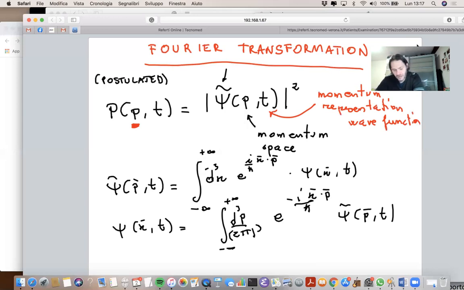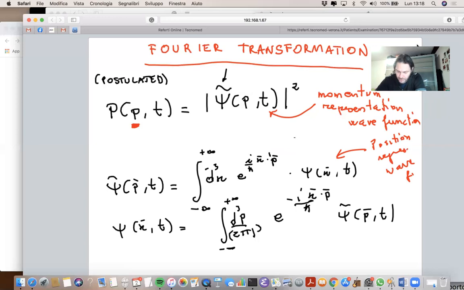And the momentum representation wave function is obtained from a normal wave function, or position representation wave function, through a mathematical operation called Fourier transformation.